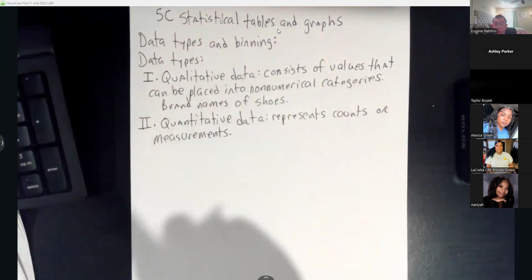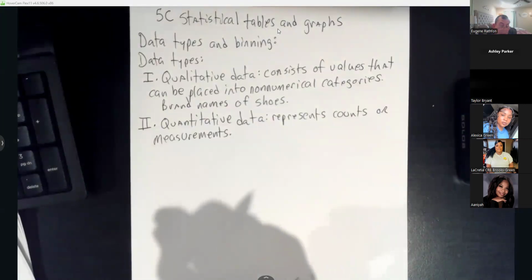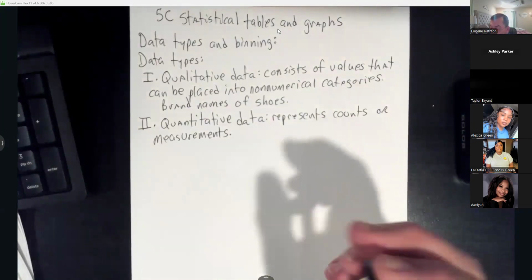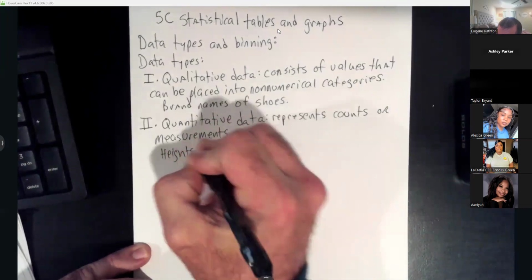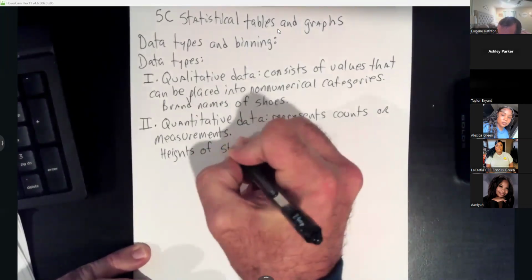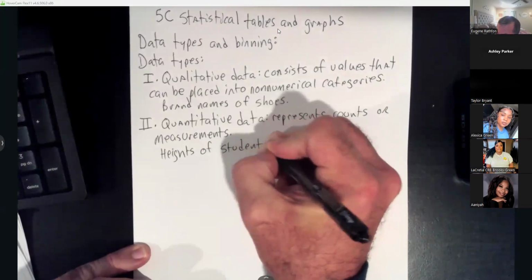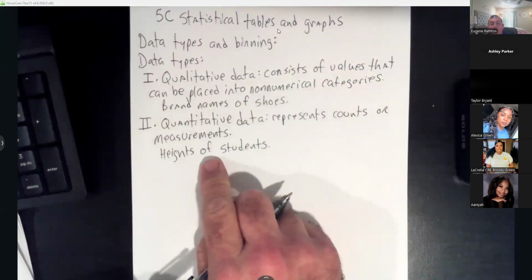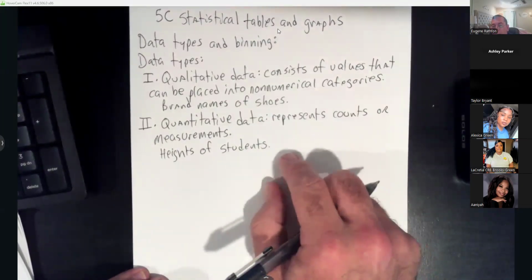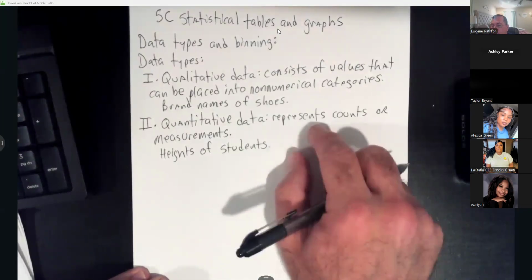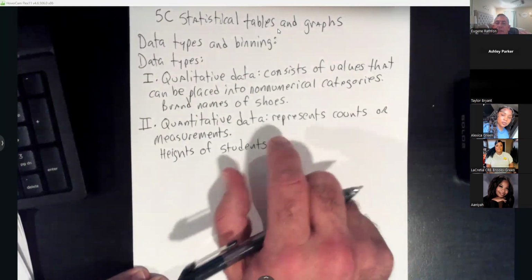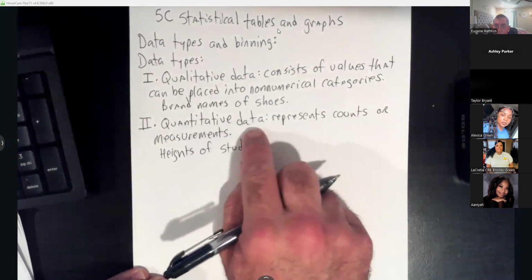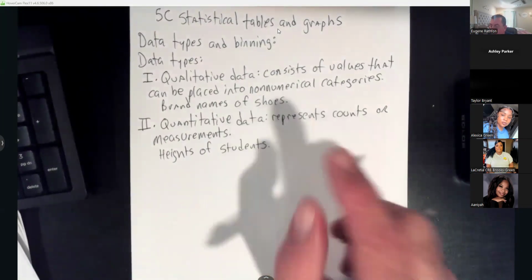So we're getting numerical values for those, okay? So heights of students would be an example of something quantitative, like 5'3", 5'4", 5'5". Those are actually measurements, so they would be what we call quantitative data.